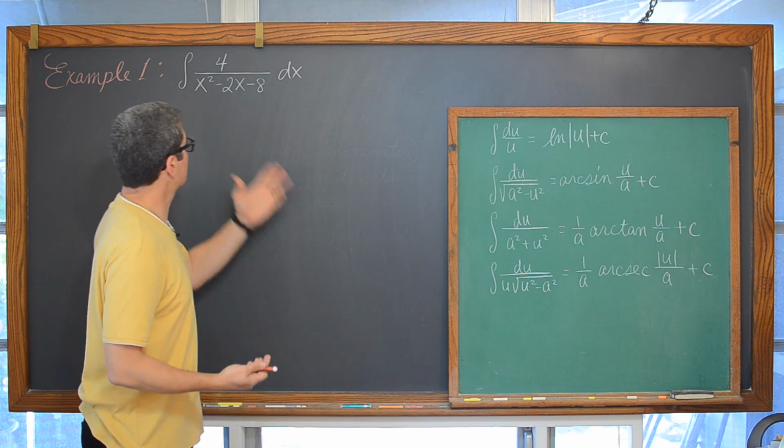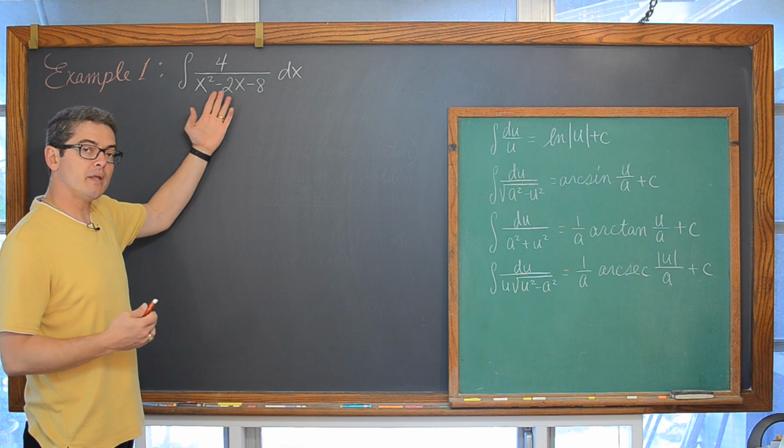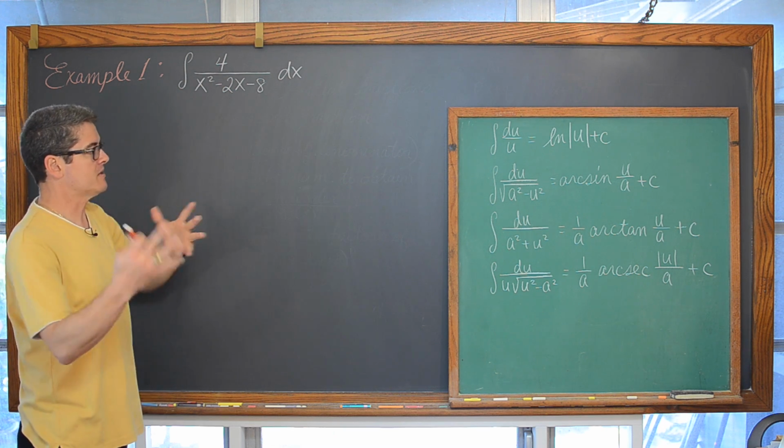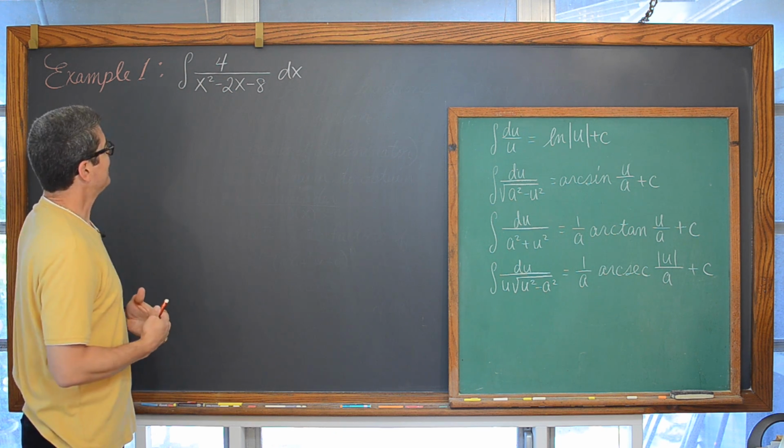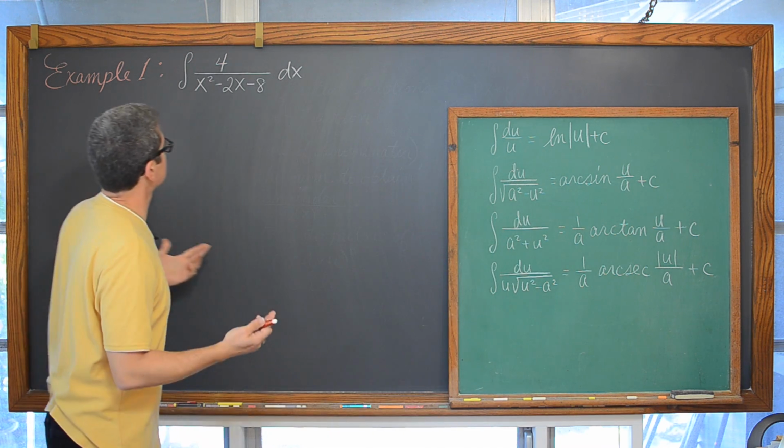And we have had problems that look similar to this in our previous exercises where we completed the square, or did something fancy to make our integrand fit one of these integration rules. So let's try that here.